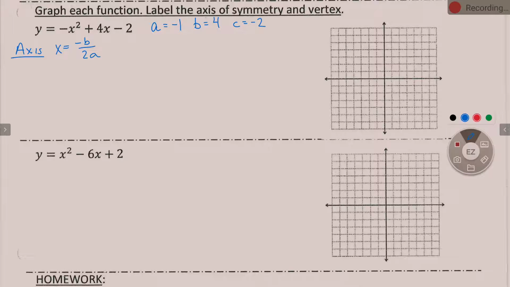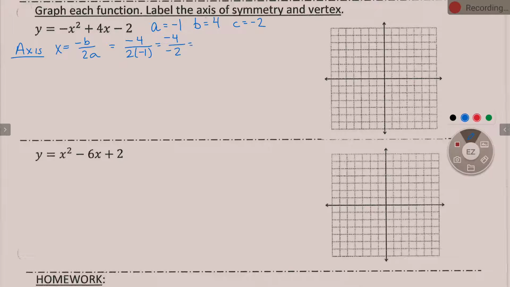If we're talking x equals negative b over 2a, what are we doing on top? It's going to be x equals negative 4 over 2 times negative 1. So negative 4 over, what's 2 times negative 1?